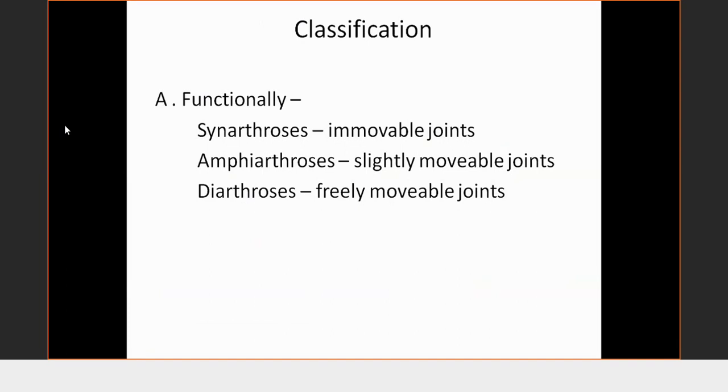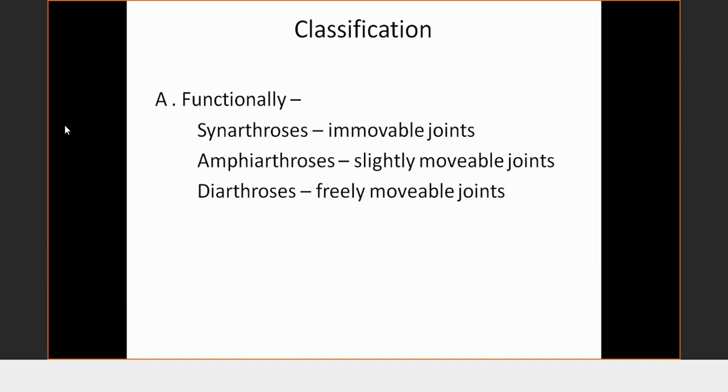Functionally, we can say a joint is either a mobile joint, an immobile joint, or a slightly mobile joint in between, like the joints of the skull and cranial cavity (immobile), the shoulder joint (mobile), and some joints of the vertebrae that are slightly movable. Similarly, they are called synarthrosis, amphiarthrosis, and diarthrosis.